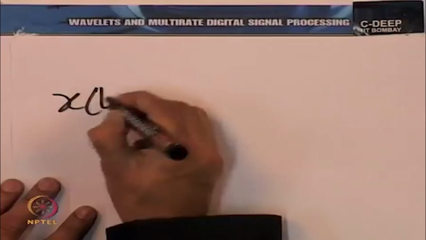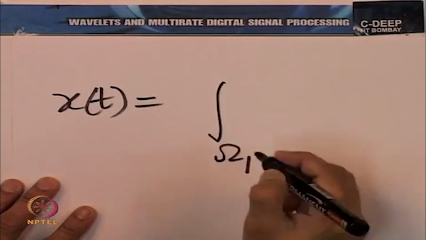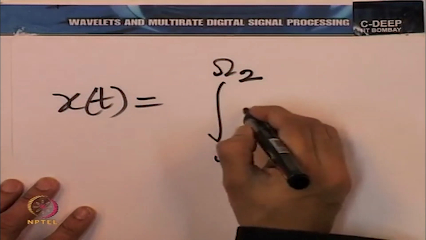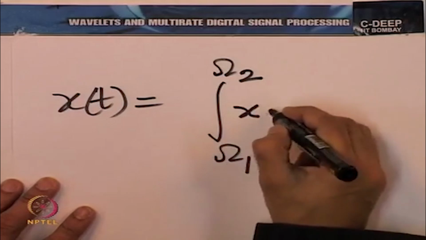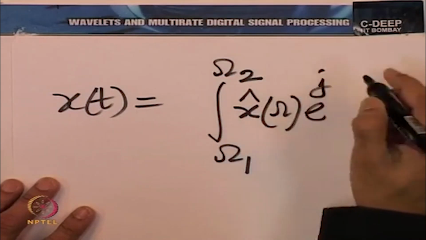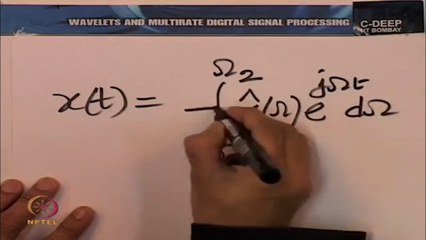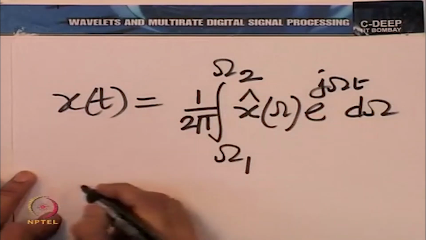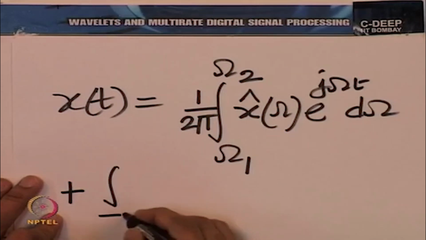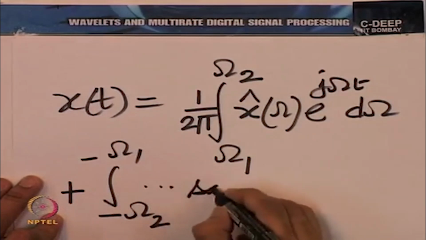So, x(t) is then going to have a finite integration involved, plus the same thing on the negative side, and the same integrand.